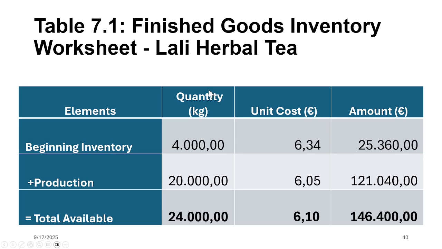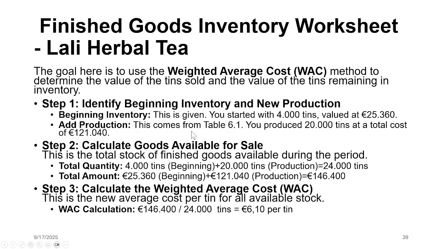So here is the table of finished goods inventory for Lily Herbal Tea. How can we calculate this? It is also divided into steps. The goal here is to use the weighted average cost method to determine the value of the tins sold and the value of the tins remaining in inventory, right?